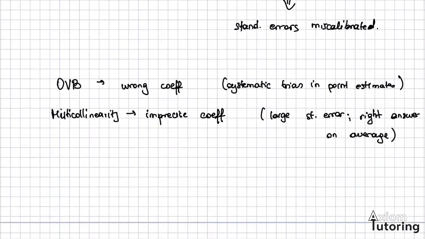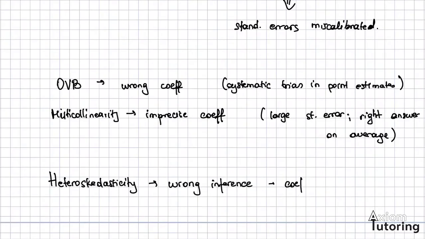Then ultimately we have heteroskedasticity, where we get wrong inference, meaning coefficients are fine, but standard errors are not. So each problem attacks a different part of your result, and knowing which problem you have tells you exactly the way you have to fix it.